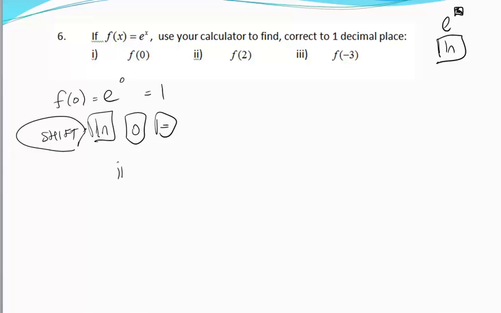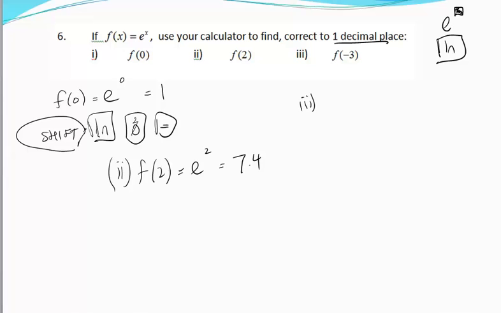So for number 2, we're going to do the same thing, but instead of this 0 here, it will be a 2. So here, function of 2 is going to be e to the power of 2 here, so shift natural logarithm ln here of 2, and we should get 7.4 to 1 decimal place here.